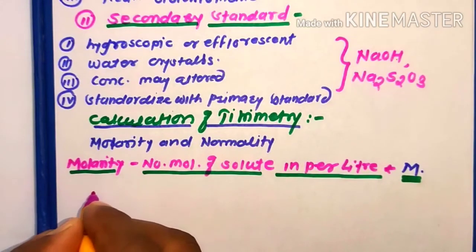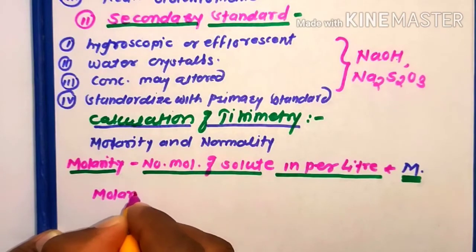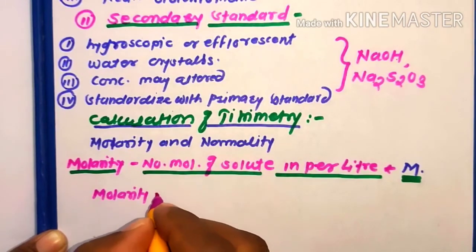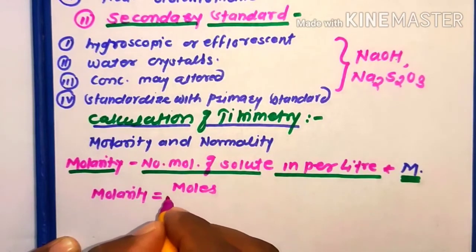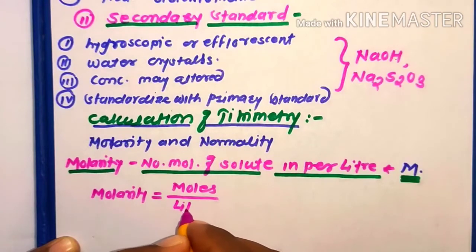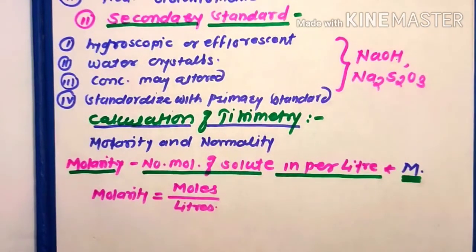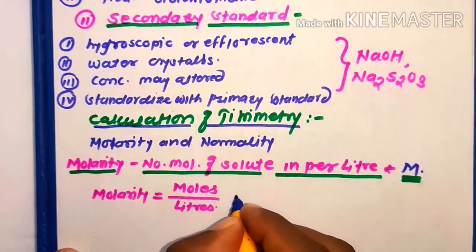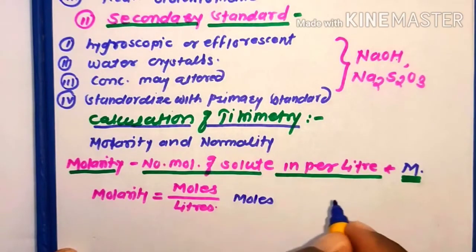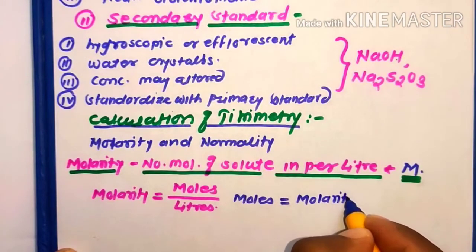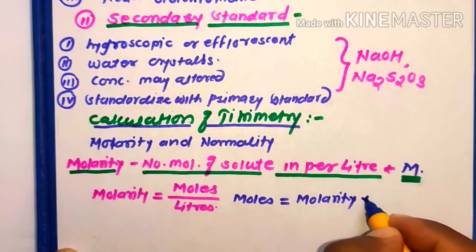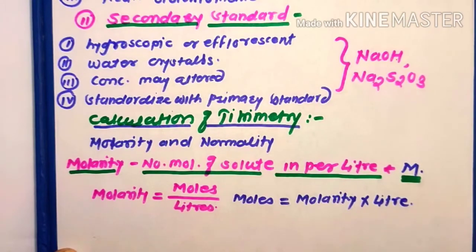Molarity is equal to moles divided by liters. Therefore, moles is equal to molarity into liters.